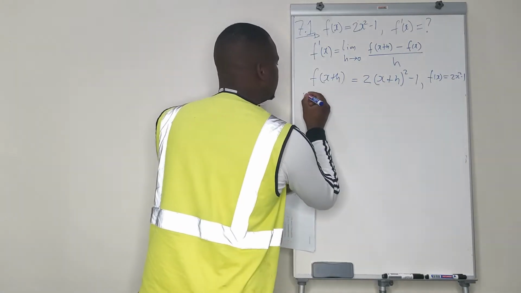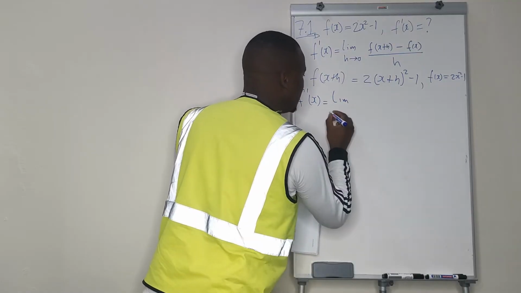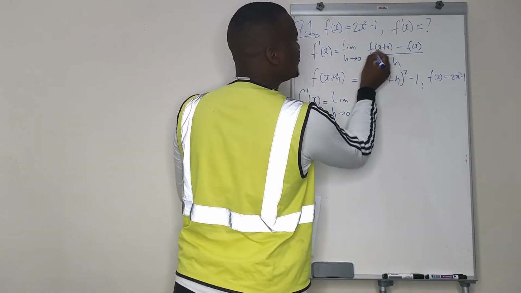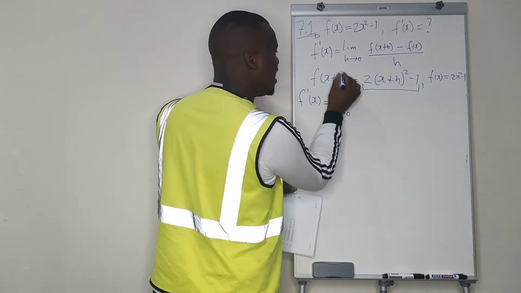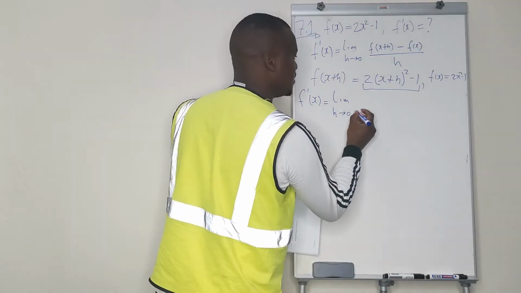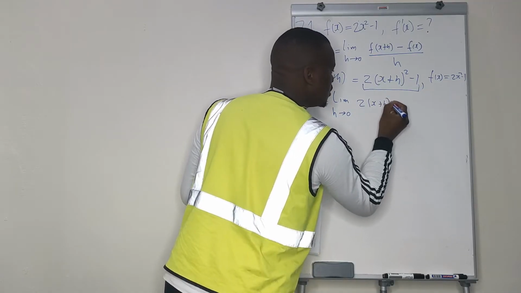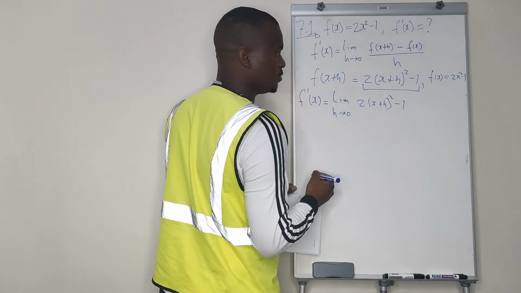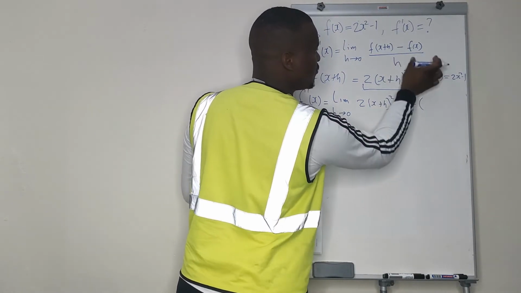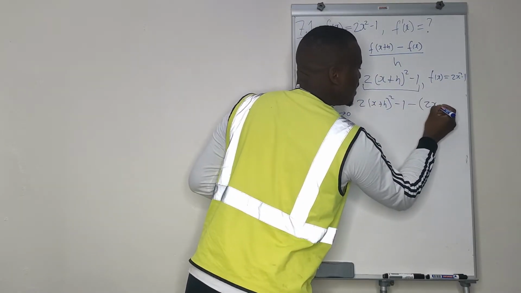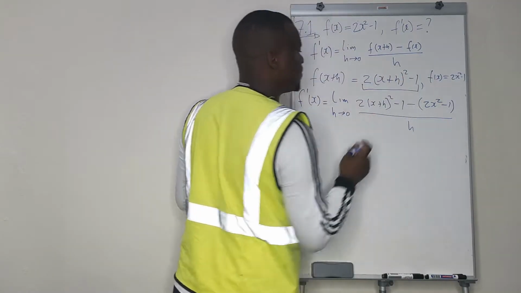So now you say, okay, f prime of x is equal to the limit as h approaches 0 of f of x plus h, which is 2 times (x plus h) squared minus 1, minus f of x, which is 2x squared minus 1, all divided by h, which is this part here.